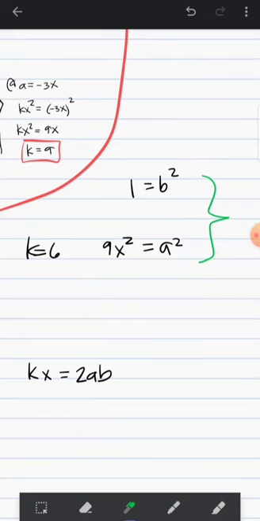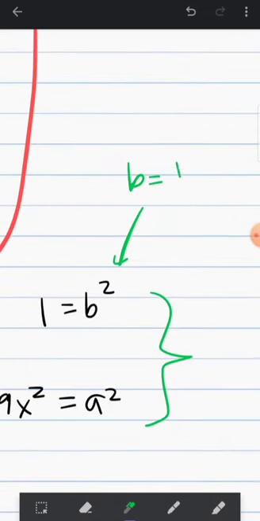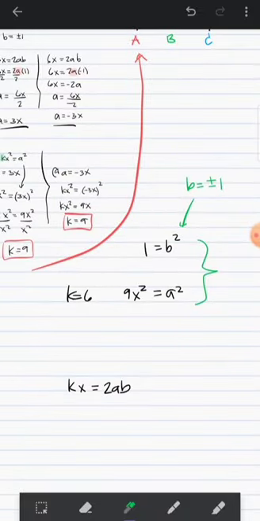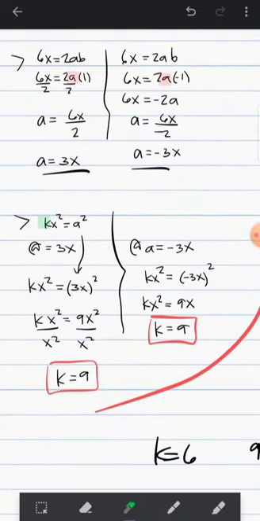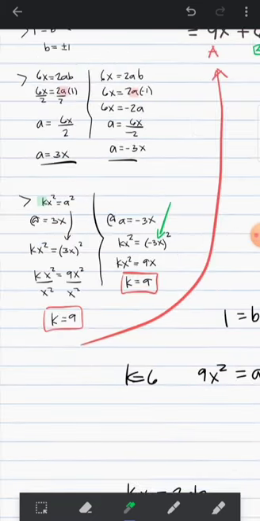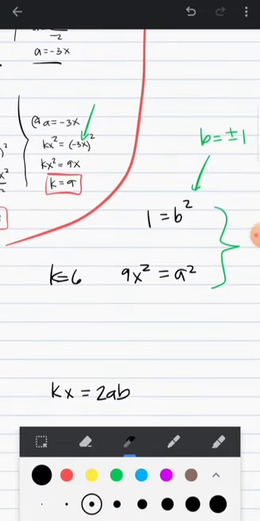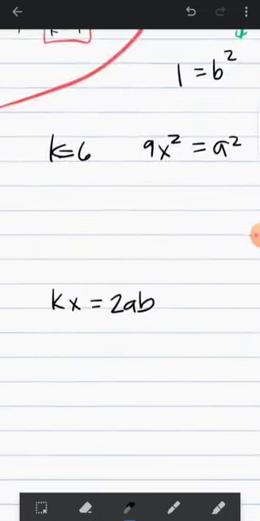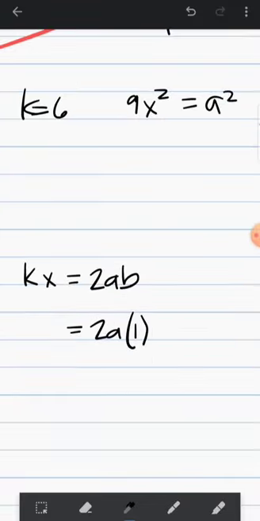So what's b? b could be plus or minus 1. And as we solved a while ago, if b is positive or if b is negative, it doesn't matter here, because it still gets squared. So we can just use b as 1. So here 2a, and this is 1 here, that's b.